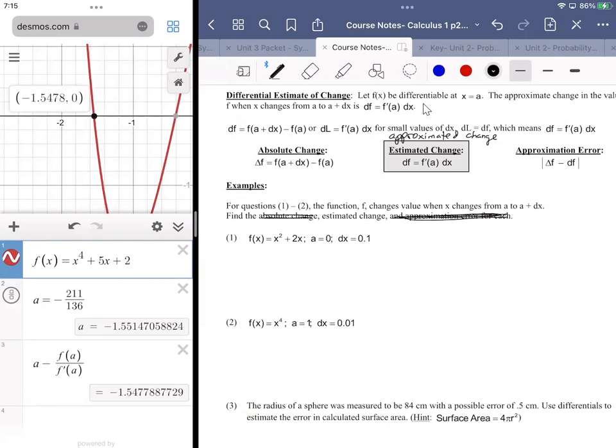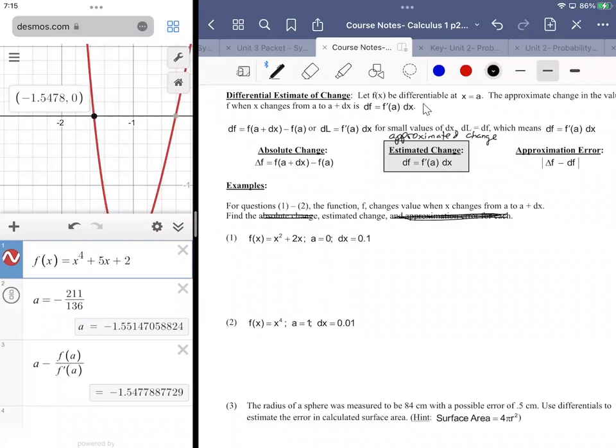So all we're going to do is find, like I said, the estimated change. You can see here that it's using, it says df equals f prime of a dx, but that's really just the differential form of a differential equation, just what we were doing on the previous page.